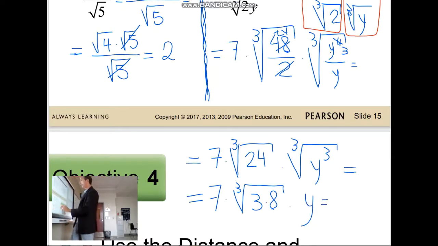That means this is the cube root of 3 times 8, which is going to be 7 times cube root of 3 times 2 times, and I'm going to squeeze a little bit here, y.